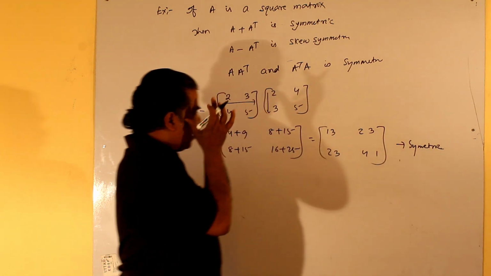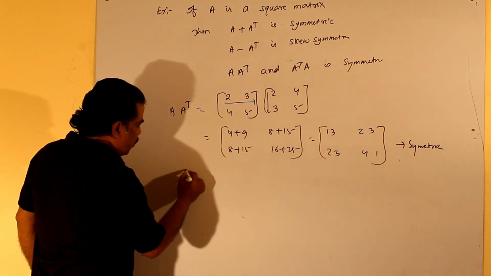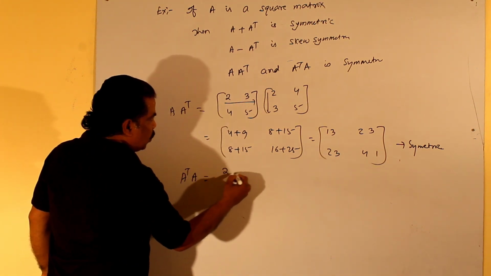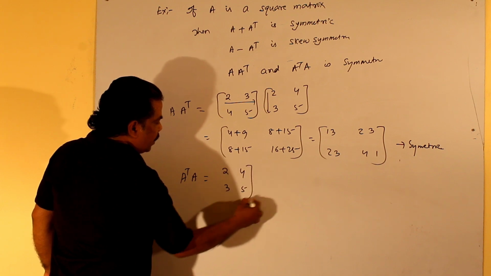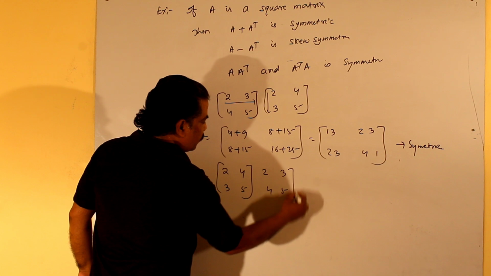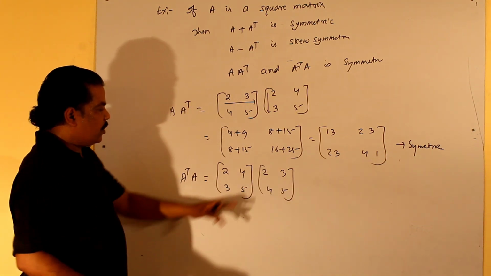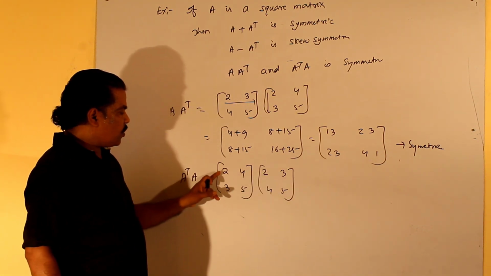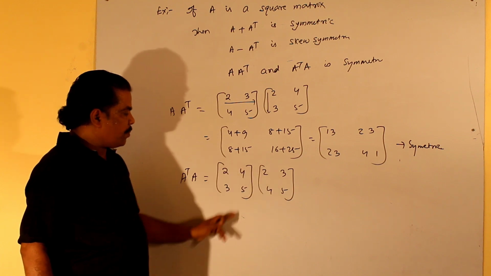Now A transpose into A is equal to 2, 4, 3, 5 into 2, 3, 4, 5. We take the matrix 2, 3, 4, 5 and its transpose, rows become columns and columns become rows.